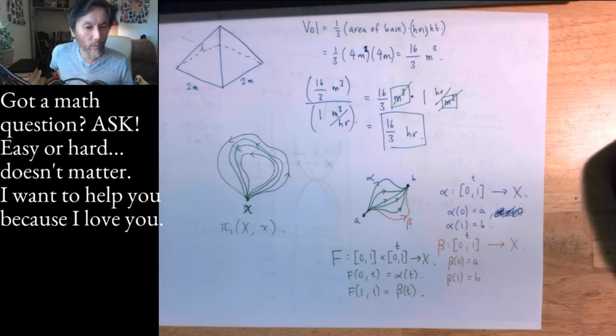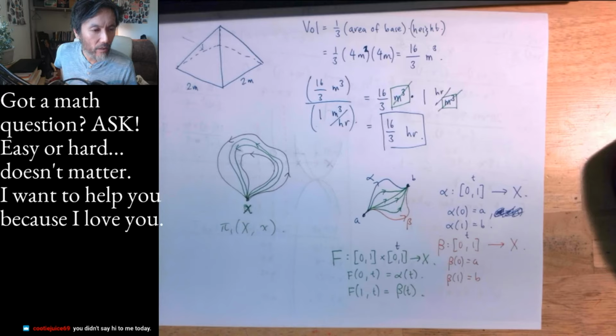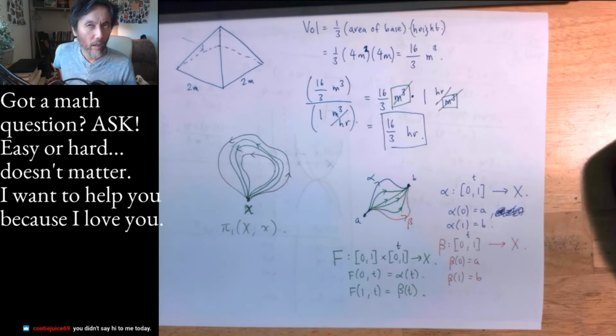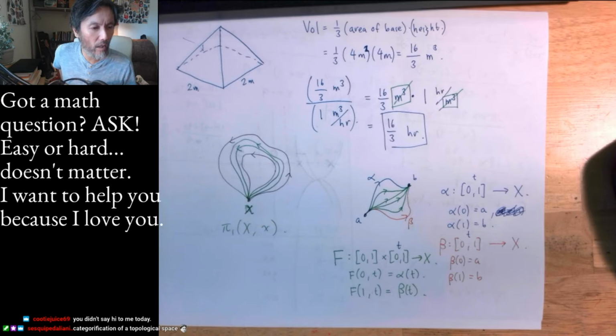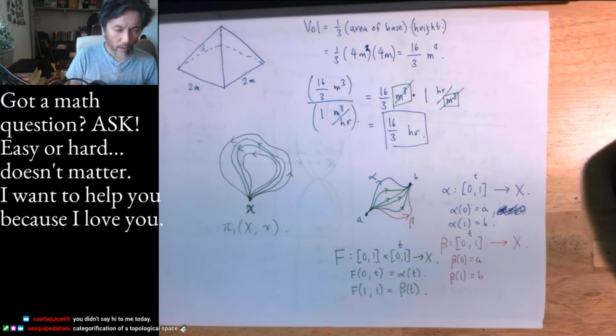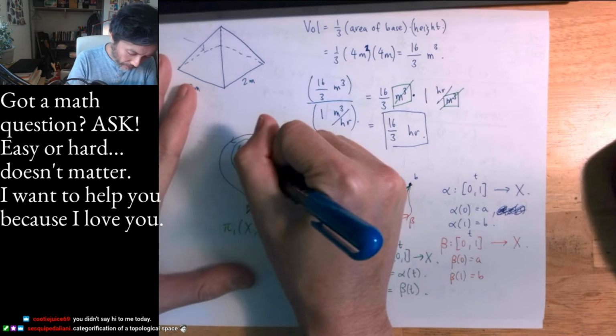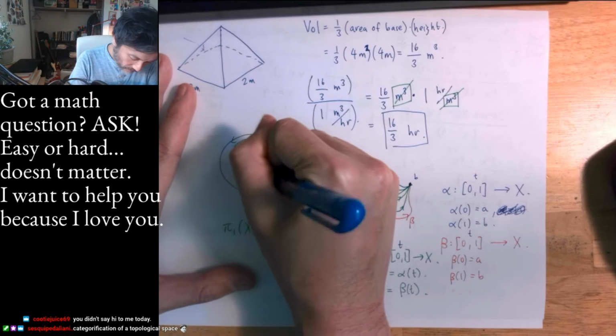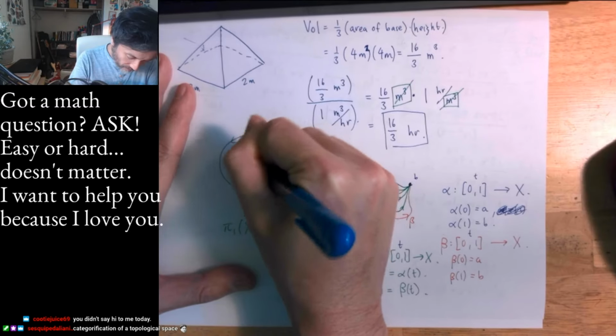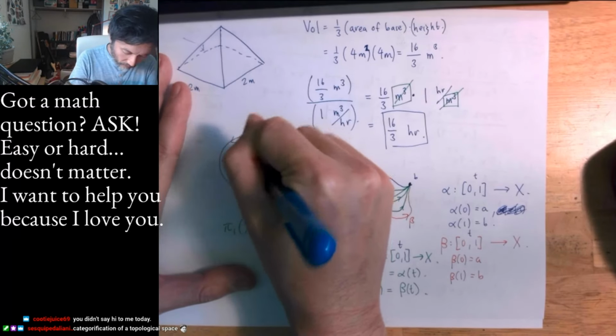Now maybe you're asking yourself, well, aren't all paths equivalent under this relation? No, they aren't. So, for example, what if you had a hole in your space? You see that?